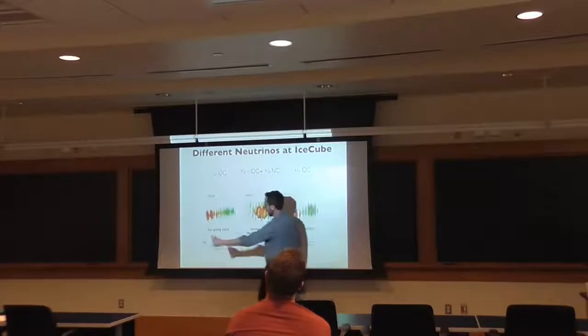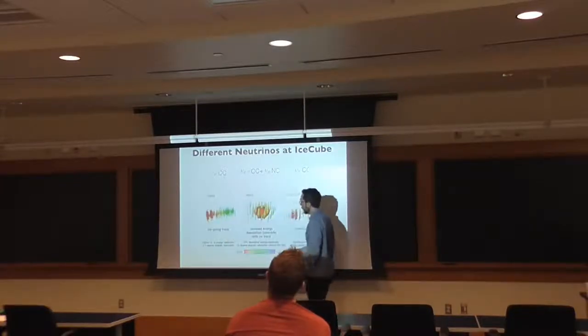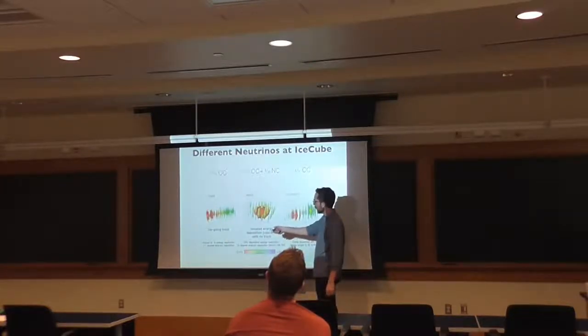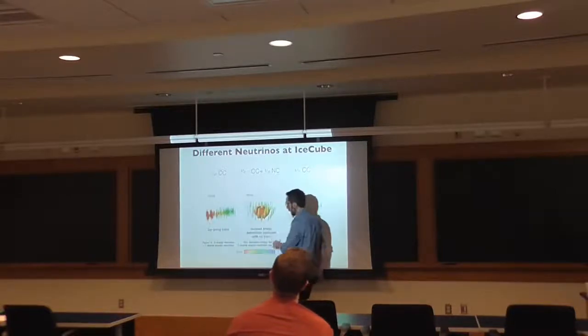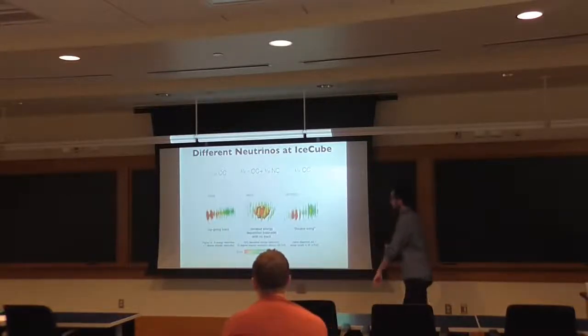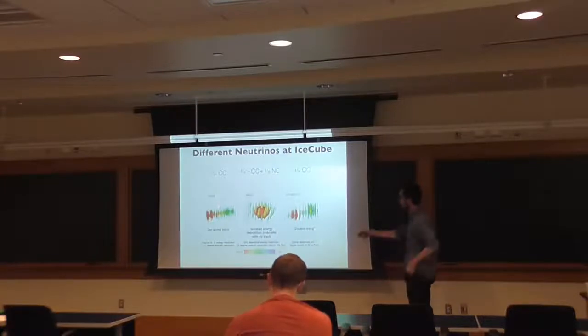So I know that if a muon neutrino came in and through a charged current interaction produced the actual muon, it came from this direction, red came first, and just went through the whole detector. Muons are long-lived and don't lose a lot of energy, so it just streams through the detector, making this nice track.